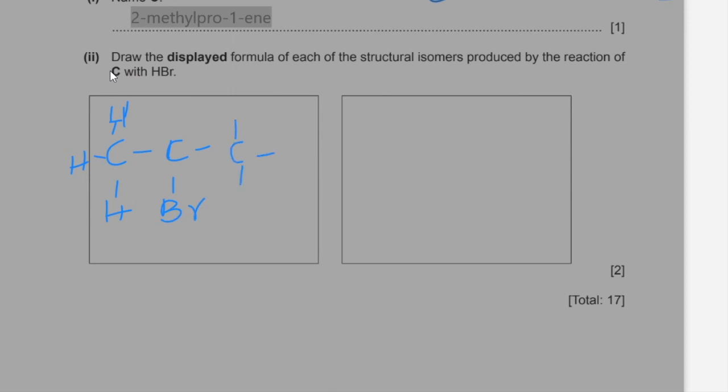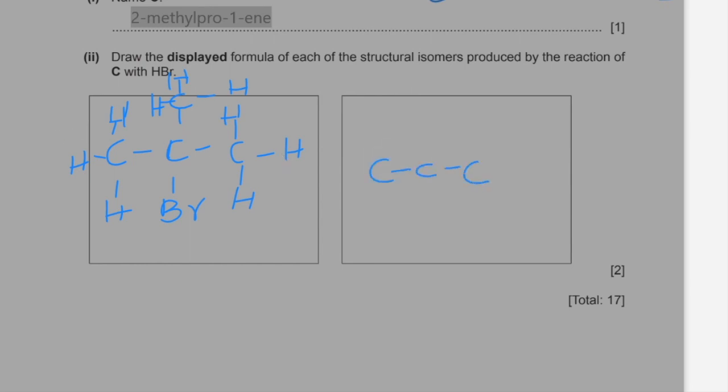And the rest of the structure follows out. You have to draw a tetrahedral structure. I don't have much space, so I might be going out of the boxes, but remember you have to stay within the space provided to you.